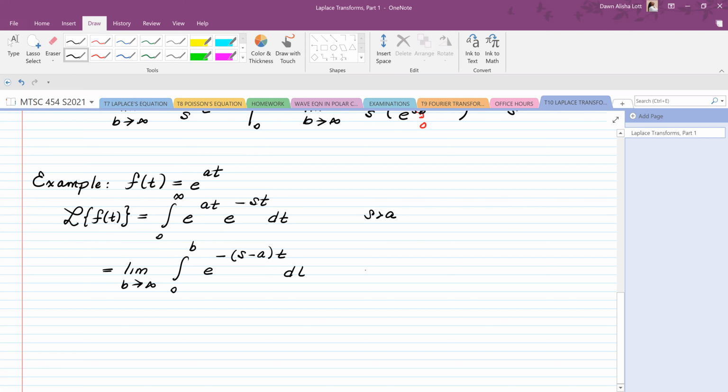That's the limit as b approaches infinity of minus 1 over s minus a, e to the minus (s minus a) t evaluated between 0 and b.